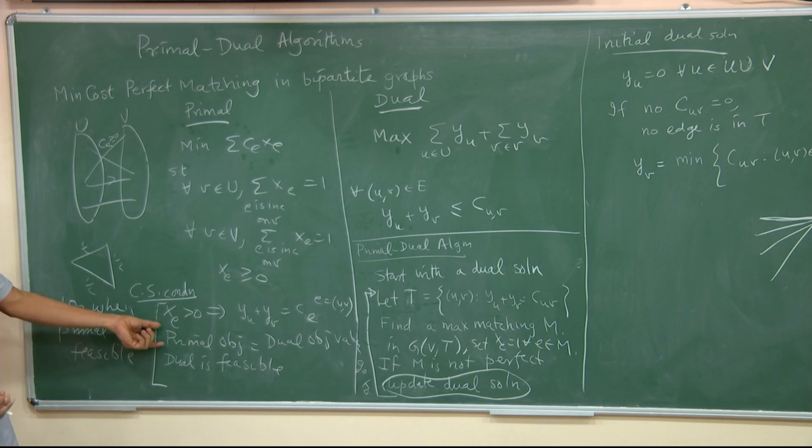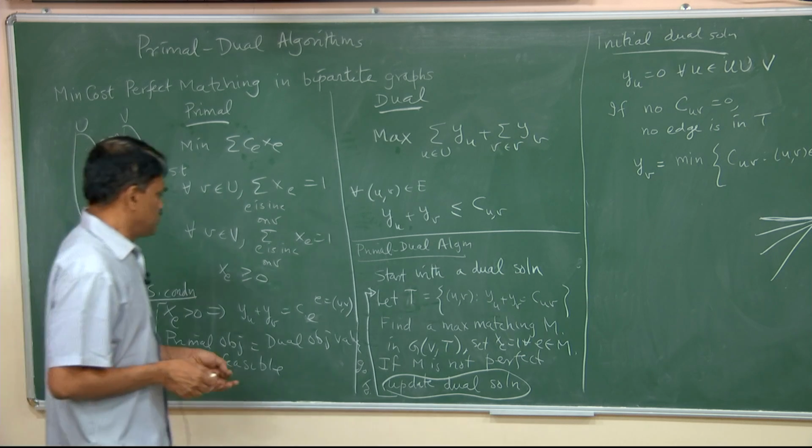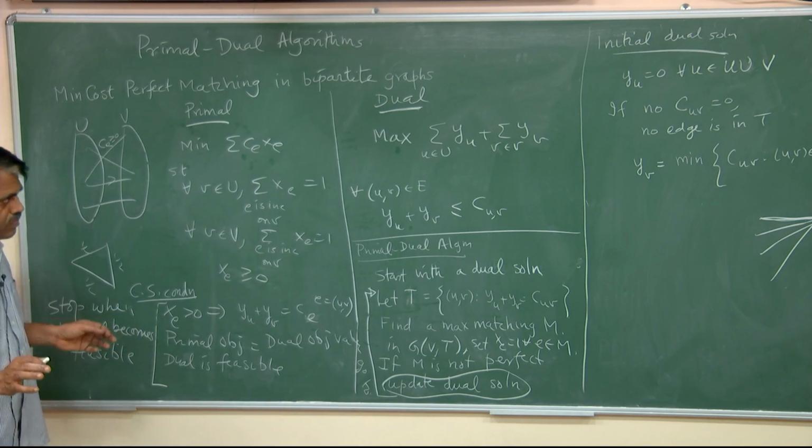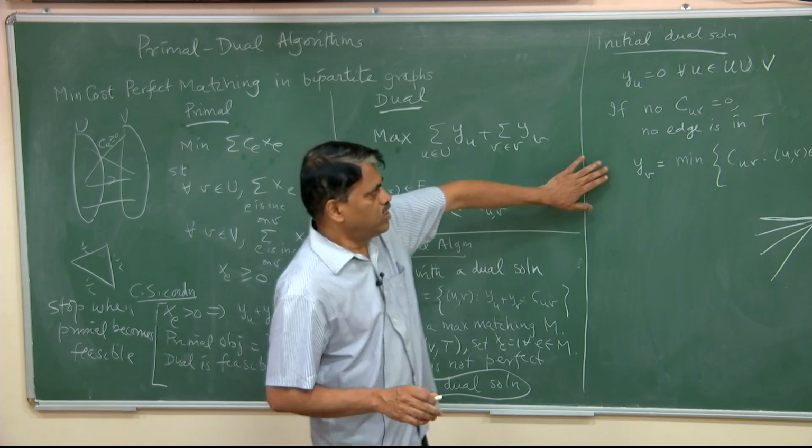Dual is feasible. Why is this constraint satisfied? Let's see. This constraint is actually trivially satisfied. You see this primal objective, dual objective becoming the same because of this kind of tightness argument. Okay. So this is my updation of y_v.